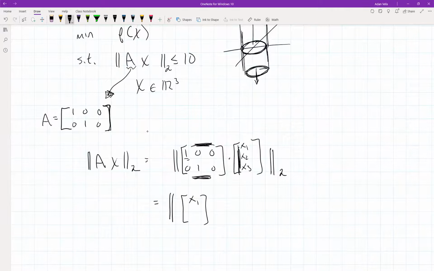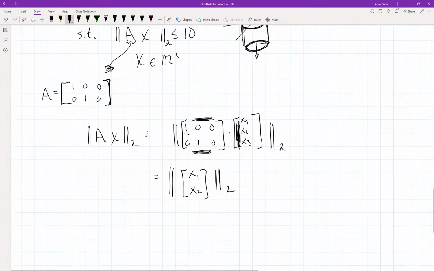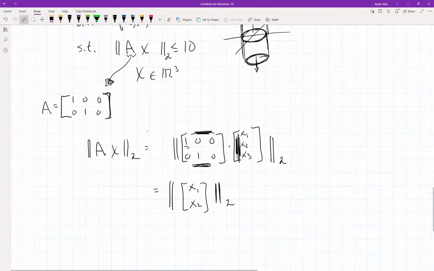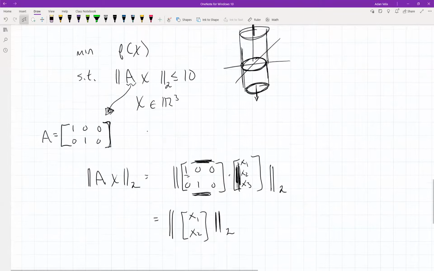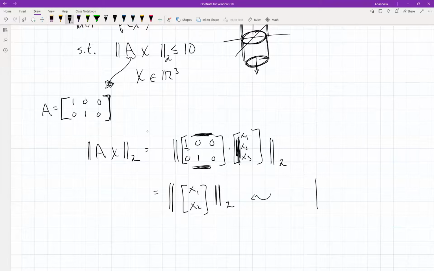Now, if we do the second row times the column, we only end up pulling out x2. And so you can see now we just care about taking the L2 norm of x1 and x2, but x3 can be anything. We're not constraining it. So in that way, we're saying that x1 and x2 have to live within a circle of radius 10.